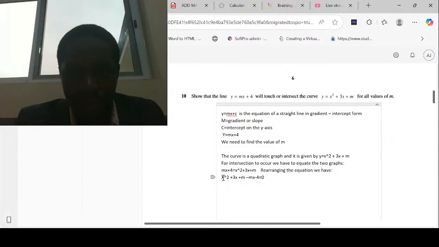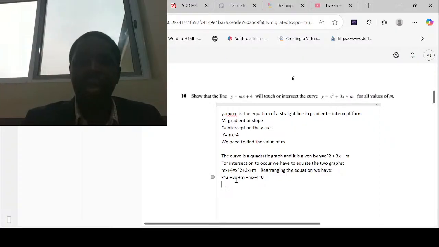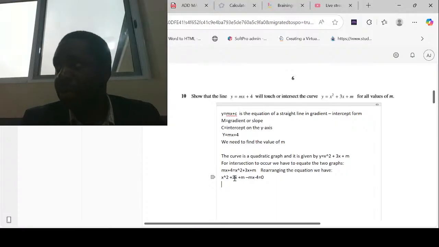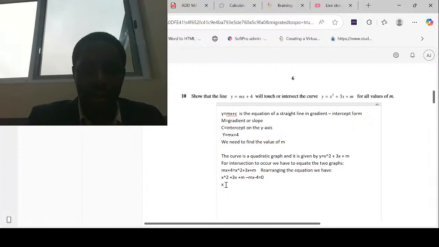Alright, so we can now factor the common terms in this equation. Since we want it to look like a quadratic equation, we bring this minus mx to be collected with 3x, so it becomes x squared plus 3x minus mx, since both of them have x, plus m minus 4.